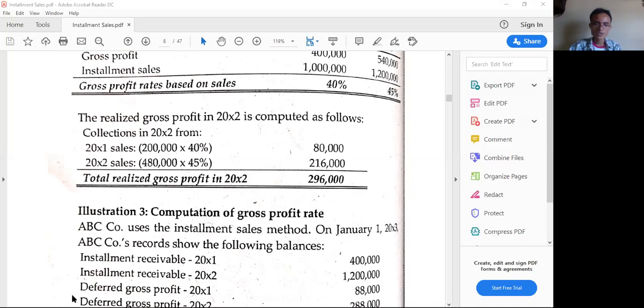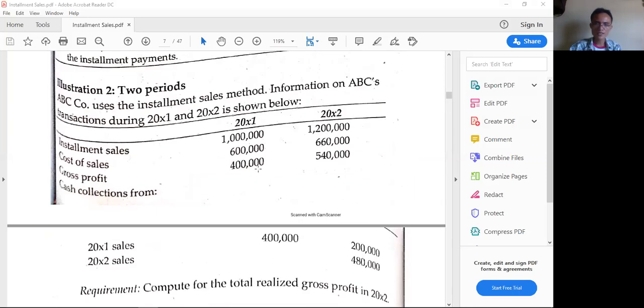So this is without regular sales. Take note, these are all installment sales. Remember in the previous session, I discussed that the gross profit for regular sales, composed of both cash and credit or account sales, would be the realized gross profit of them. So no deferral, unlike for installment sales with reasonable uncertainty.